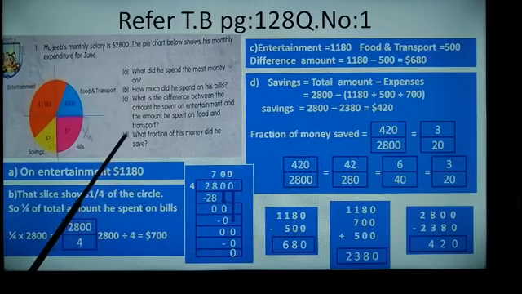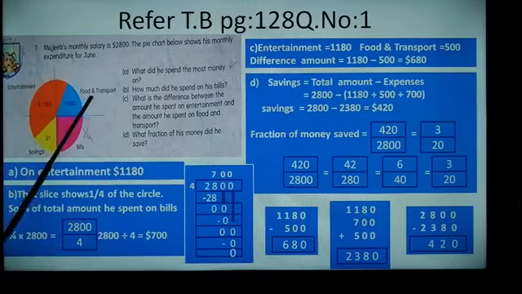Okay. Now we will move to the last question. Question number D. What fraction of his money did he save? He spent it for entertainment, food and transport and bills. And he saved some money. You have to find out the fraction. Okay. To find out the fraction, first we want to know how much he saved.